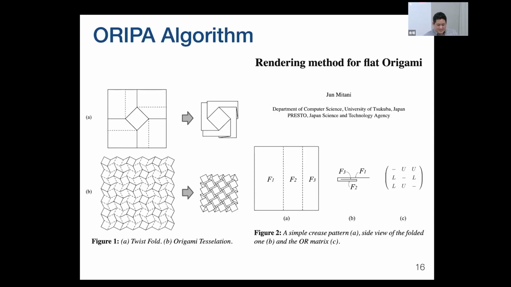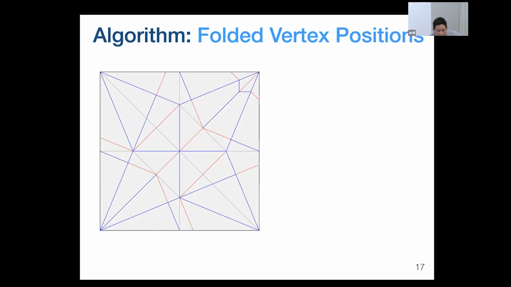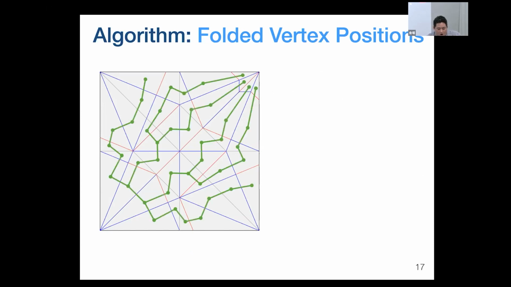So what is the existing algorithm that we're wanting to improve? Well, it's the ORIPA algorithm that Mitani-san has described in multiple places, but I'm just going to give a quick overview of that algorithm. The first thing to do in the algorithm is to take a look at your crease pattern and walk that crease pattern in some spanning tree.